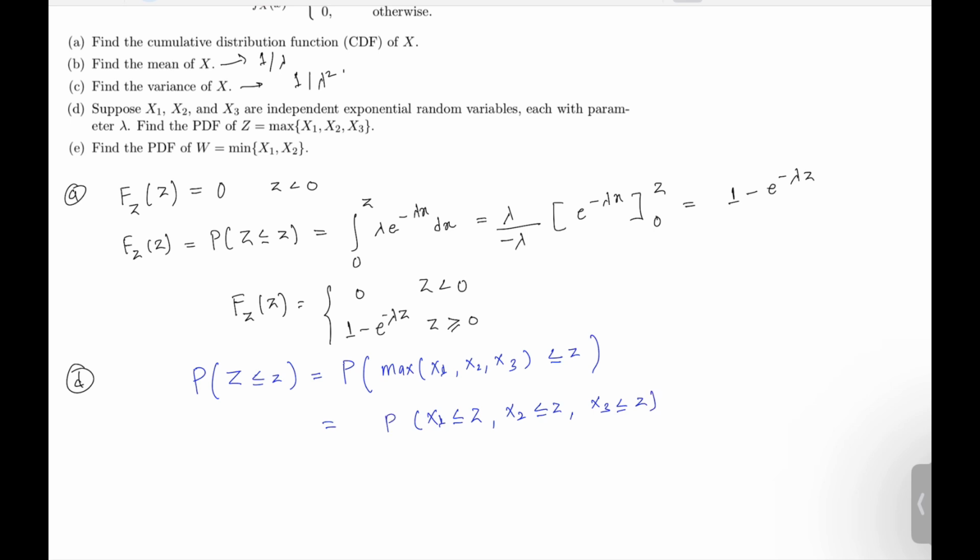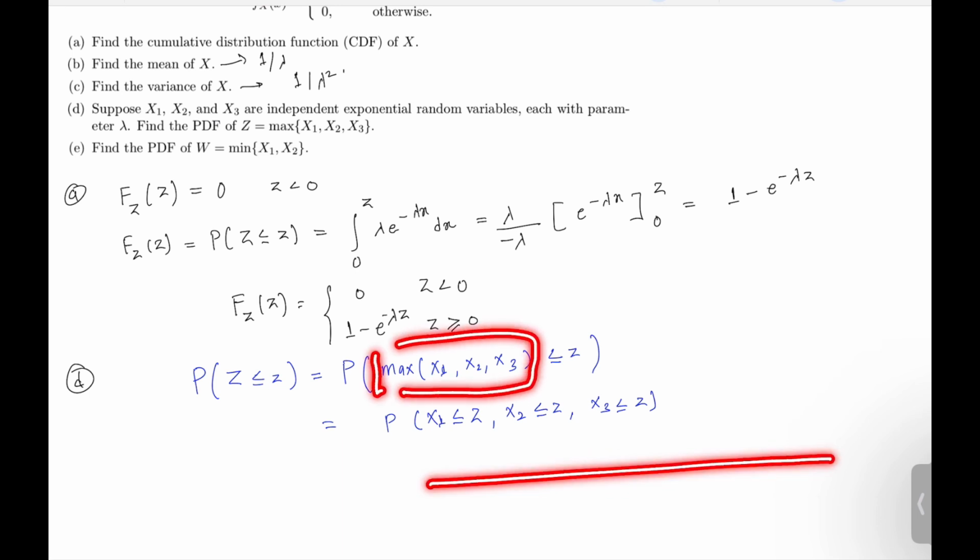Are you able to digest this? You can take it simply. This is the real line, right? This function will return a maximum value, maybe X1, X2 or X3, whatever. Let's call that number max, and we are given that whatever maximum value is returned is less than z.